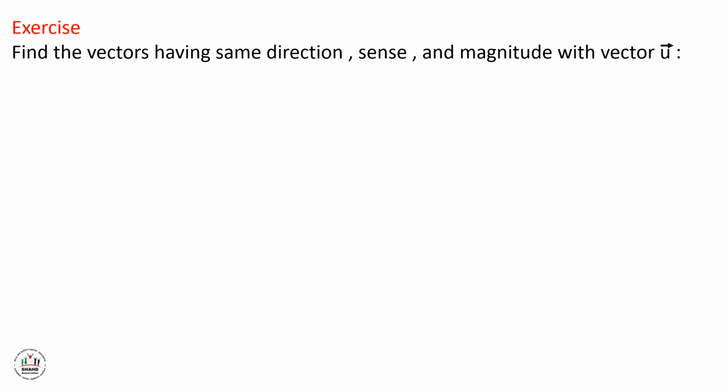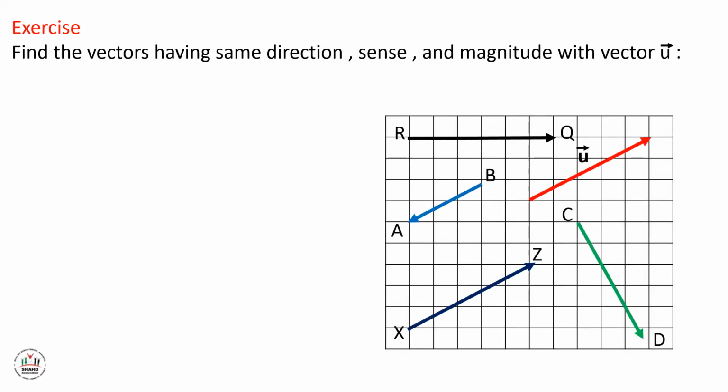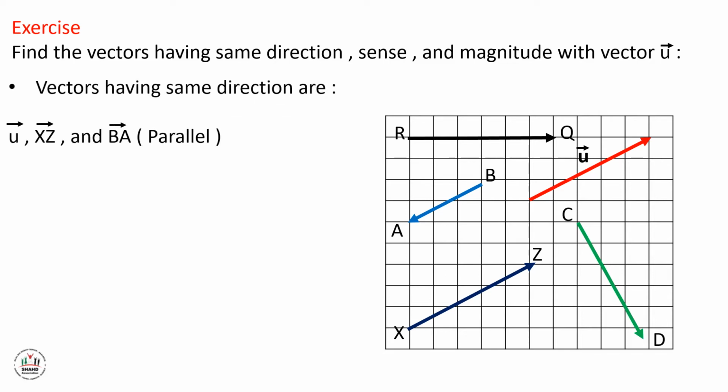Let's solve this exercise. Find the vectors having same direction, sense, and magnitude with vector U. So we need to compare these vectors with vector U. The vectors having same direction are U, X, Z, and BA because they are all parallel to each other.